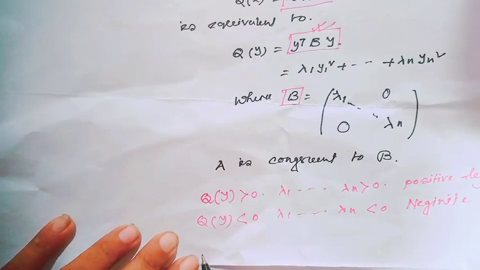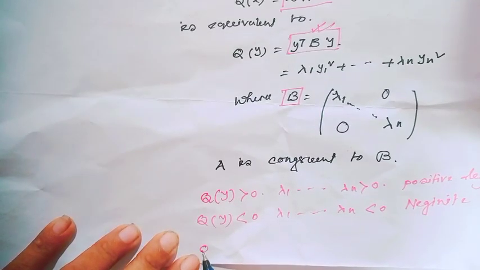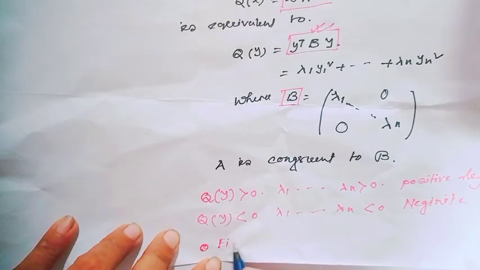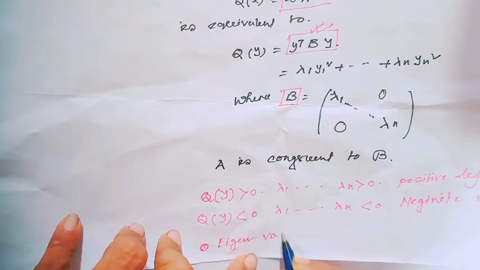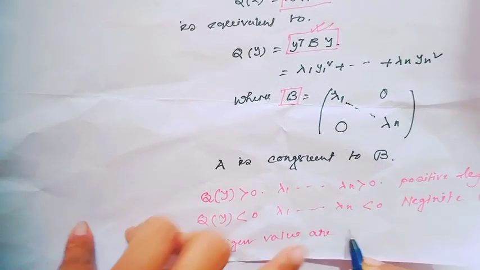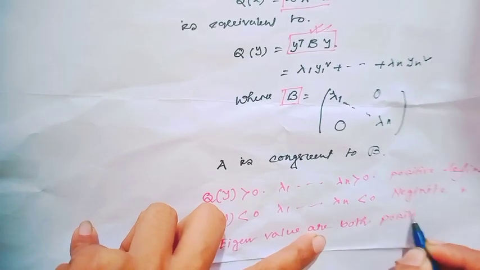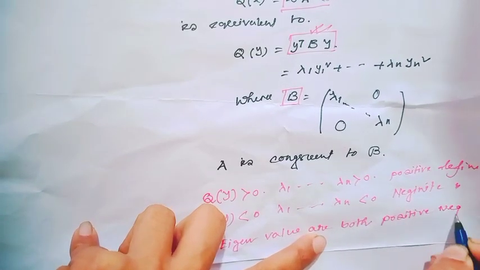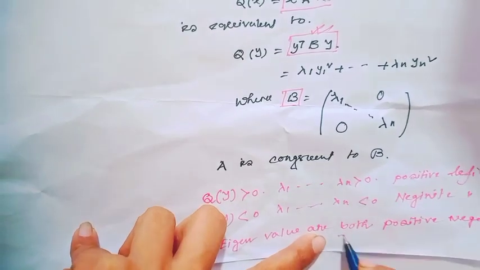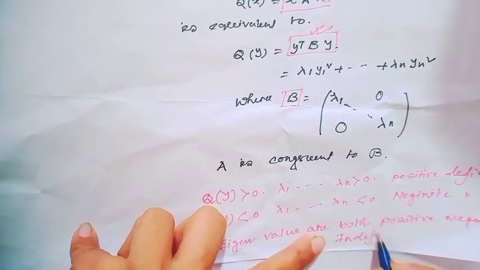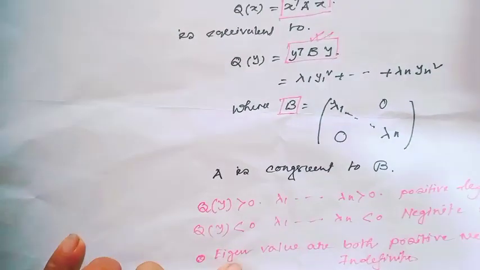And when eigenvalues are both positive and negative, then these are indefinite. We all know this part.